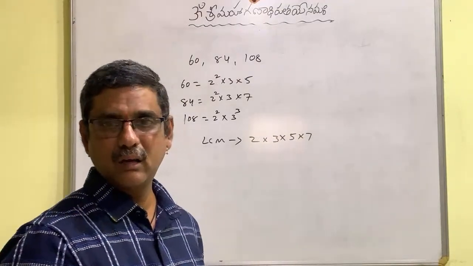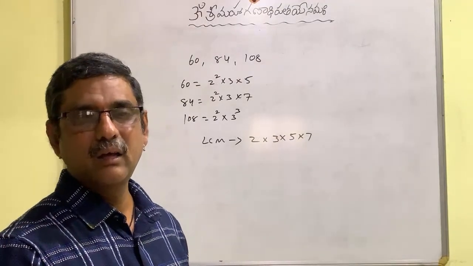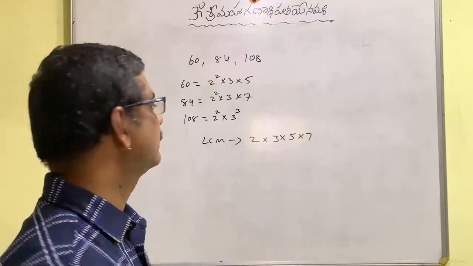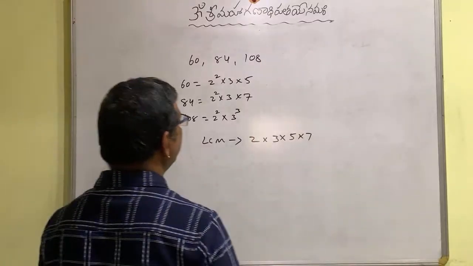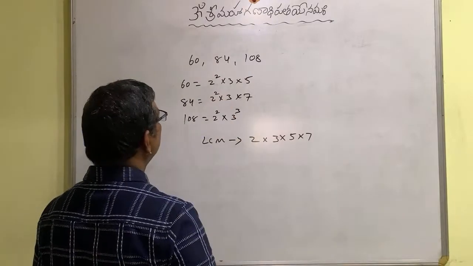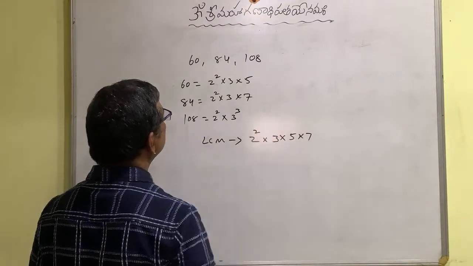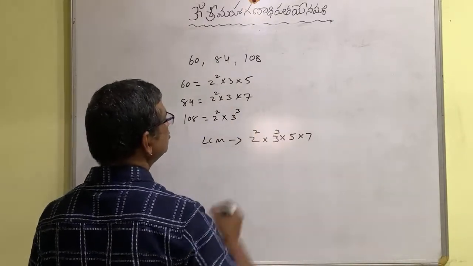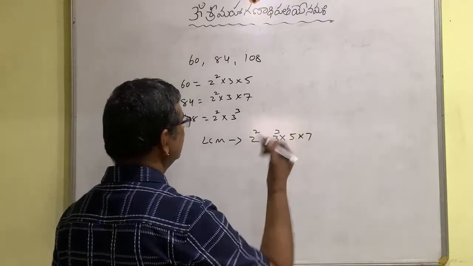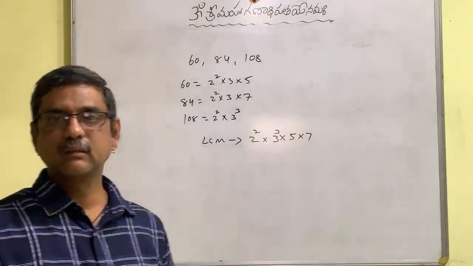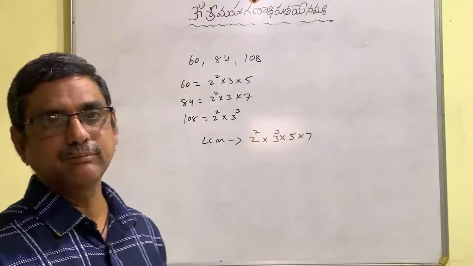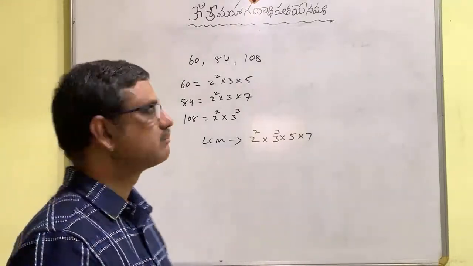Now we need to take with highest powers. 2 highest power is 2, 3 it is cube, 5 and 7. So this is the LCM. Okay?